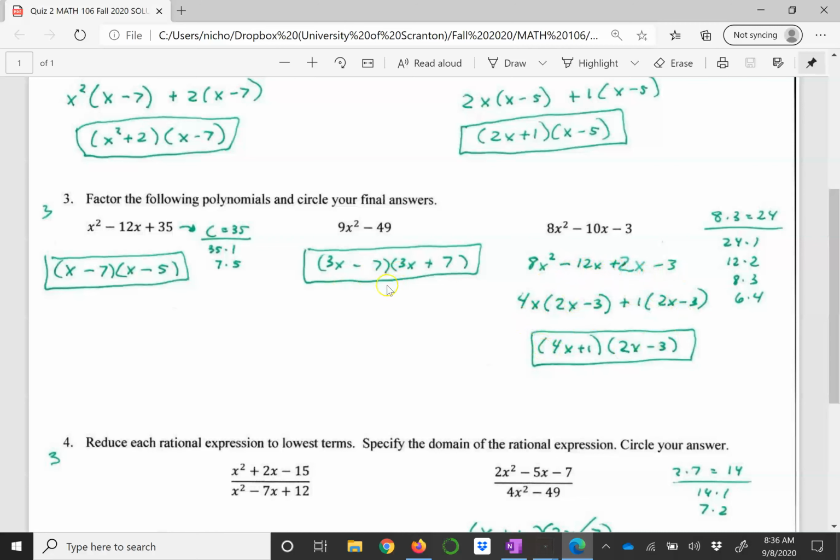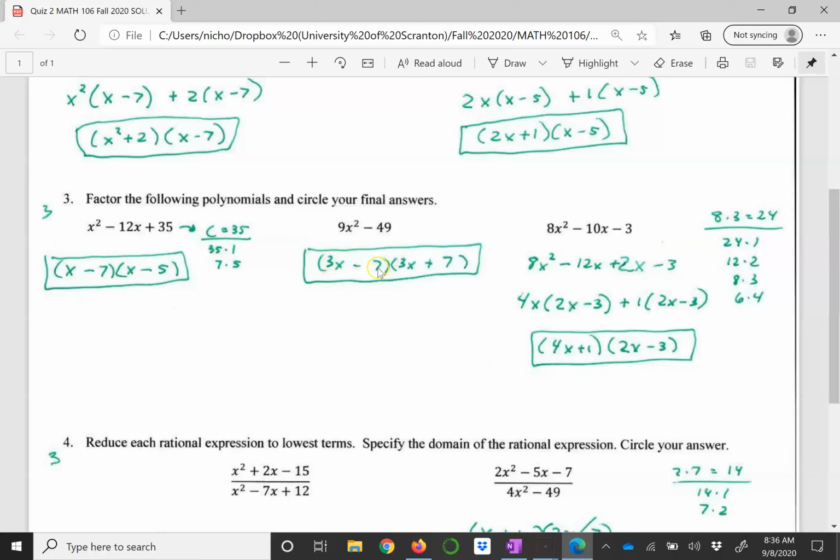And now this middle one, again, anytime you only see 2 terms, look to see if you're able to take the square root of both those terms and get a whole integer or some x variable that has an integer exponent. So when I take the square root of 9x squared, I get 3x. And when I take the square root of 49, I get 7.